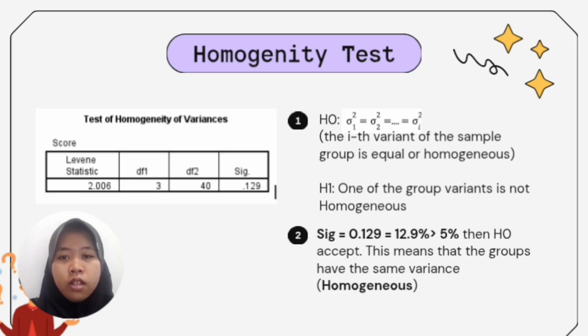From the SPSS output, we look at the Levene statistic in the significance column. We get 0.129, which means the significance is 12.9%, greater than 5%, then H0 is accepted. This means that the four groups have the same variance, or we call it homogeneous.